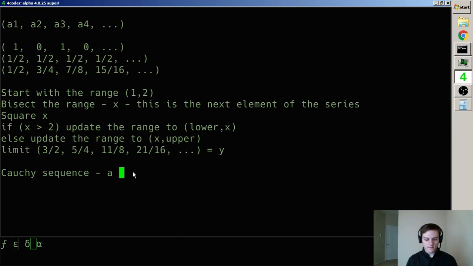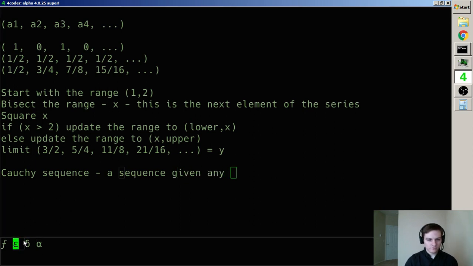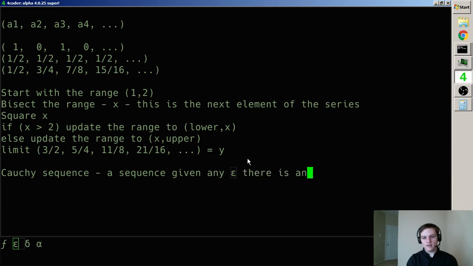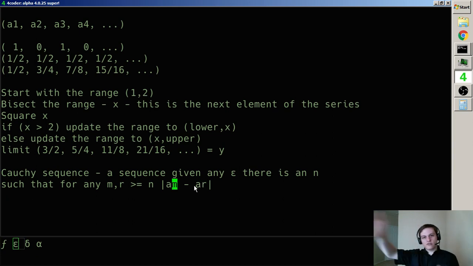This is a sequence where, given any epsilon, there is an n such that for any m, r greater than or equal to n, the absolute value of a_m minus a_r, remember, if these are indexes, so n is an index into the series, these are two indexes into the series, so I'm taking two elements out of the series past a certain point.